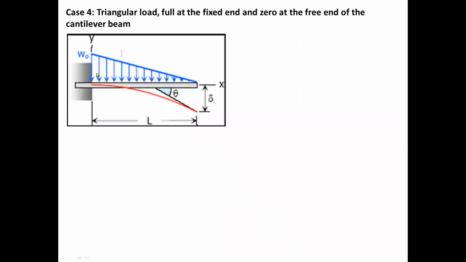Case 4. Triangular load zero at the free end and maximum at the fixed end of the cantilever beam. So uniformly varying na pero cantilever yung type ng beam. Yan. Maximum moment, WL square over 6 and slope at n, theta is equals to WL cube over 24 EI.